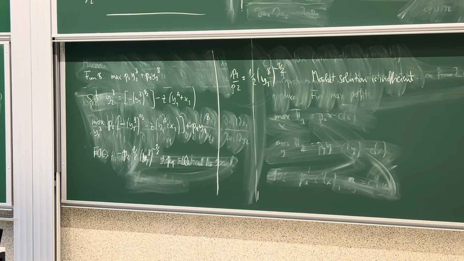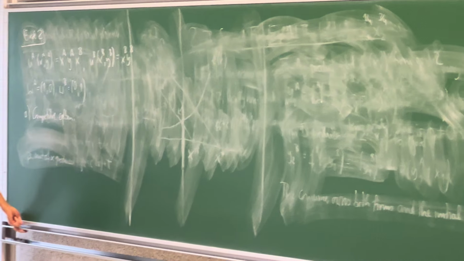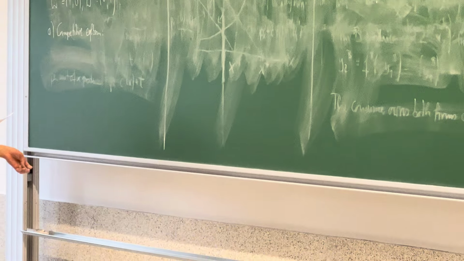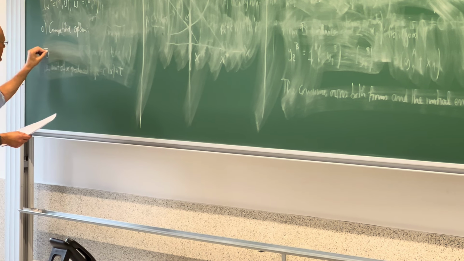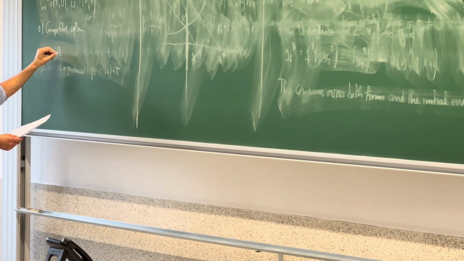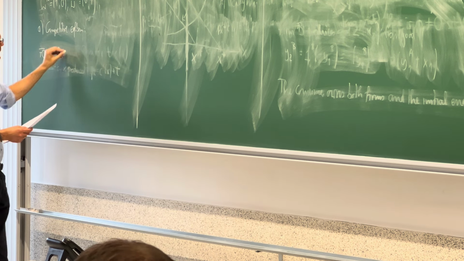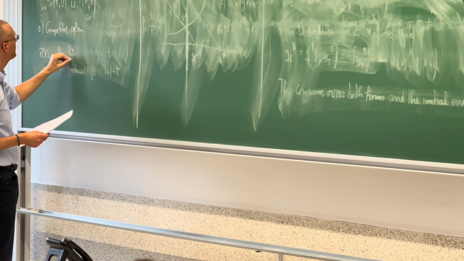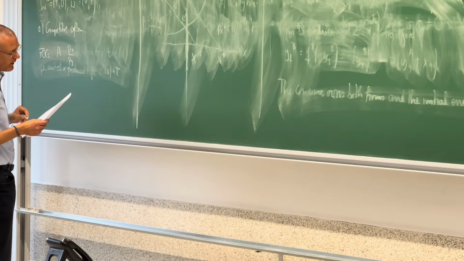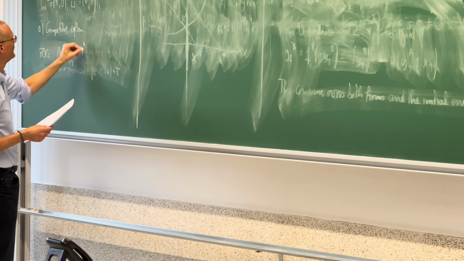Now we start the other way around. First we do the competitive equilibrium, and then we do the efficient allocation. Competitive equilibrium: both consumers maximize utility. FOCs for consumer A: you get PX over PY equal to YA over XA.